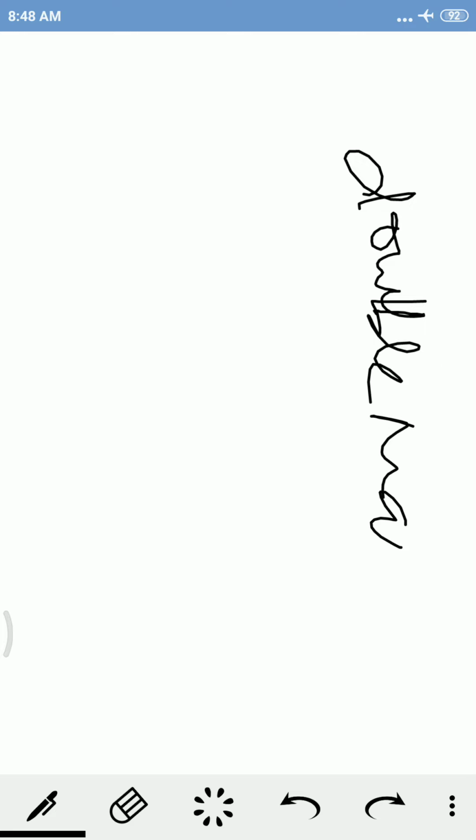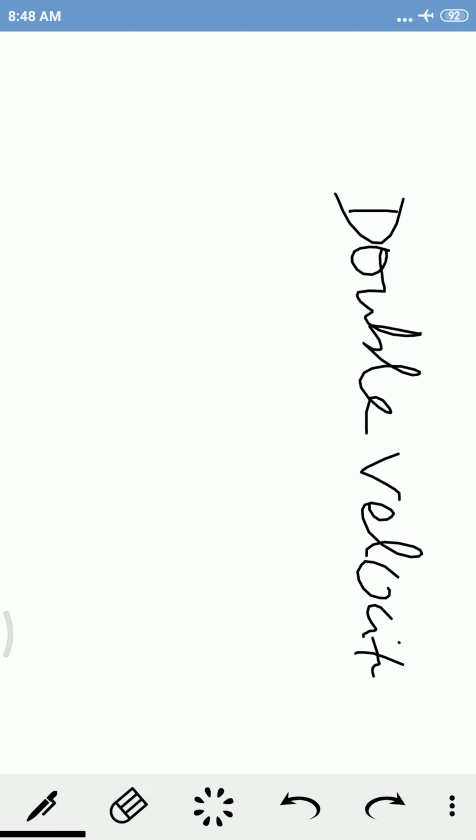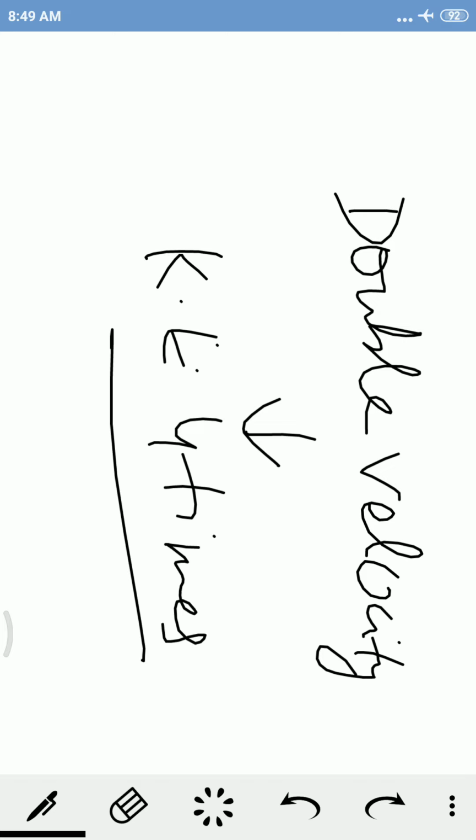It means if you double the mass, then kinetic energy will also become 2 times. Now next, if you double the velocity, then kinetic energy will become 4 times, because kinetic energy is directly proportional to the square of the velocity.